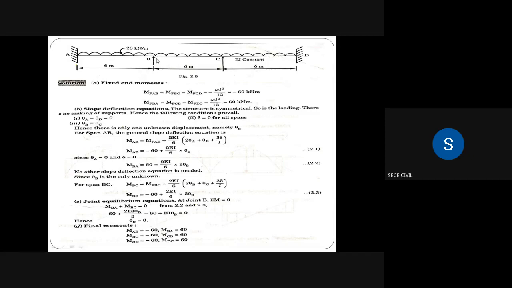That is one joint equilibrium equation. Similarly, in joint C, MCB plus MCD is equal to 0. This is another joint equilibrium equation, but we have considered theta B only. So for theta B, joint B is enough. The joint equilibrium is MBA plus MBC equal to 0 because we have these equations MAB, MBC, MBA only. We don't go for joint C.